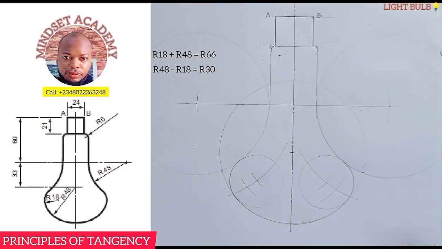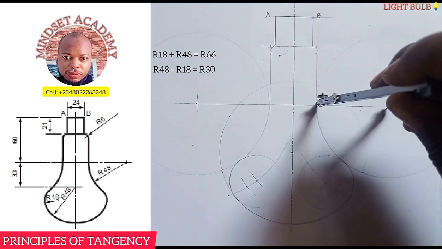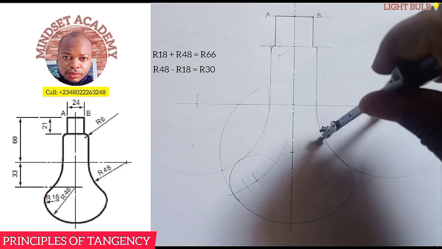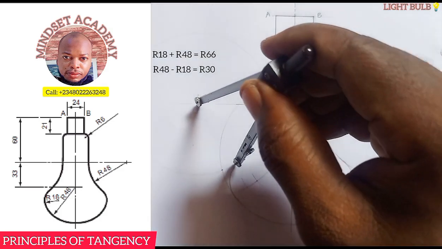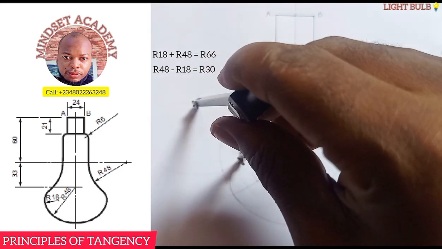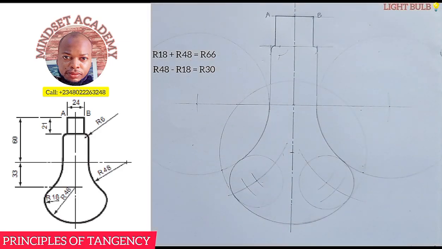Can you see that? And I'll place it here and I'll tick in this. And I'll place it here. I'll tick in this. Right? And I'll tick it the rest this way.